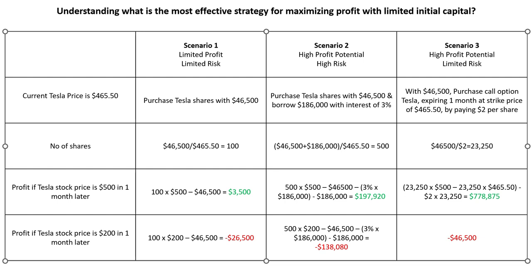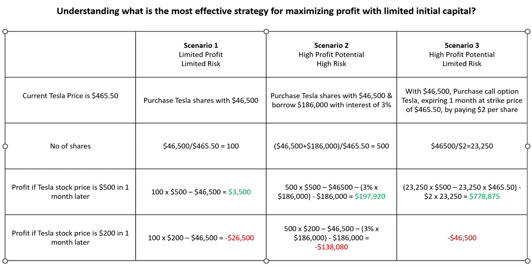We borrow four times, which is $186,000, with an interest of 3% incurred with the broker. So the number of shares that you will get is 46,500 plus 186,000 divided by the Tesla stock price of $465.50 equals to 500 shares.